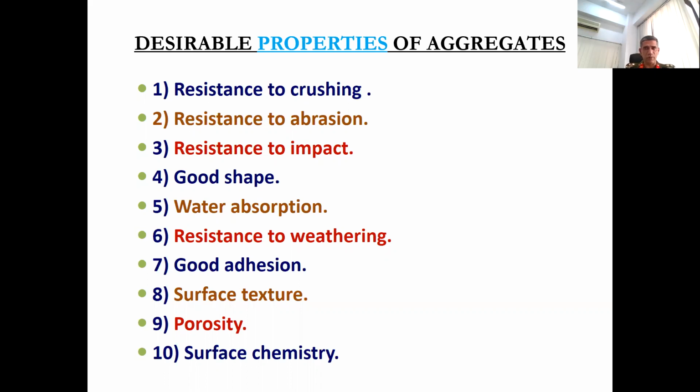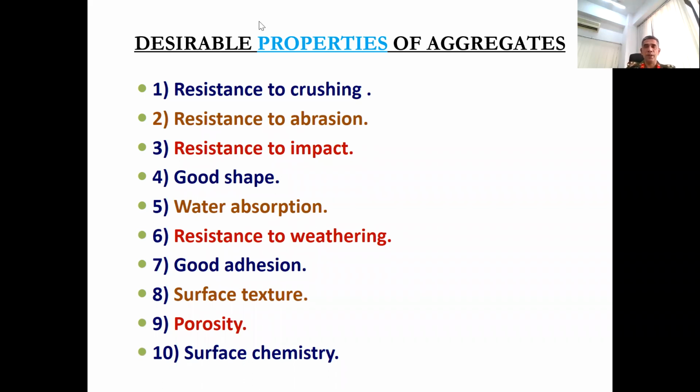There are various types of bitumen: normal paving grade bitumen, cutback asphalt or cutback bitumen, or emulsified asphalt. In case of emulsified asphalt, there are cationic asphalt or anionic asphalt. Those will react with the positively charged or negatively charged aggregate. So surface chemistry matters.